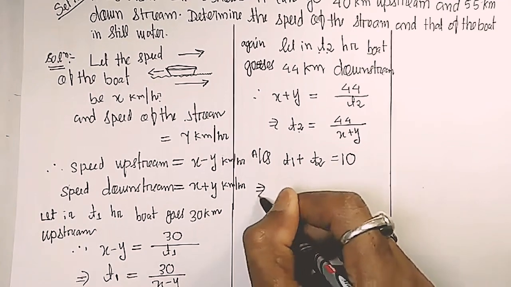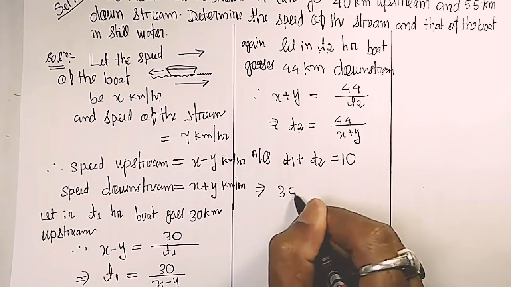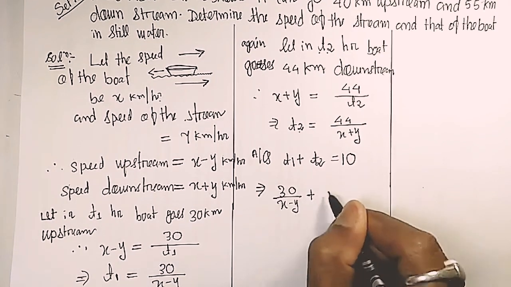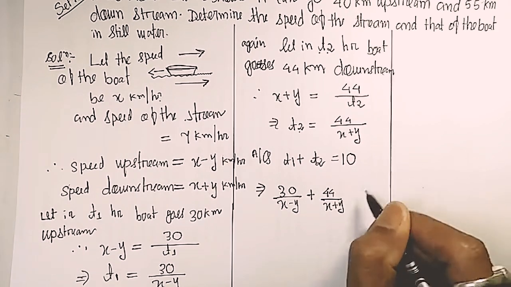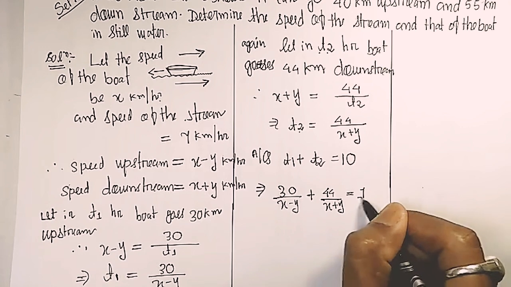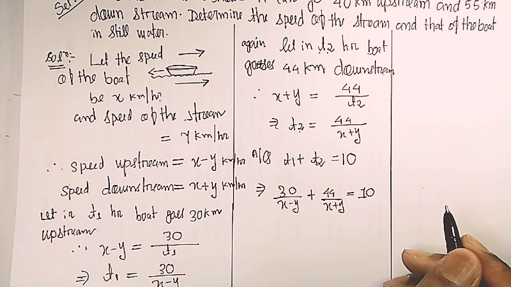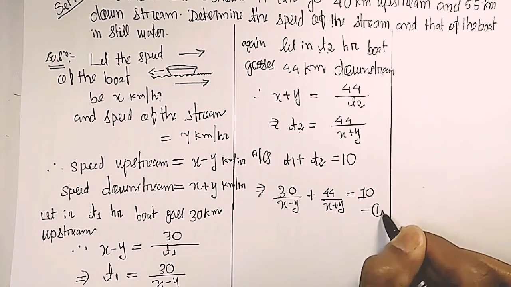Total time is 10 hours. So T1 is 30 divided by x minus y, T2 is 44 divided by x plus y, and the sum equals 10. Give it equation 1.